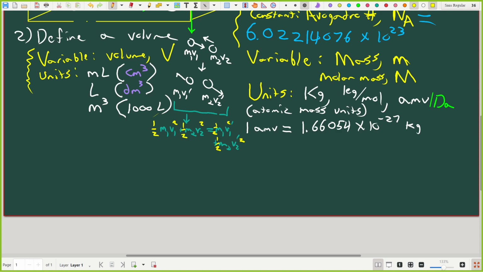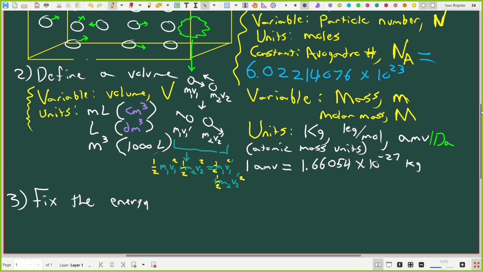So what we're going to do for this box is we're going to set the energy of the box. We're just going to fix the energy. Now, the question, of course, is how do you do that? We'll come back to that in a second. Let's just write down the variable here. The energy I want to focus on in particular, this is kind of a traditional term for it, is what's called the internal energy.